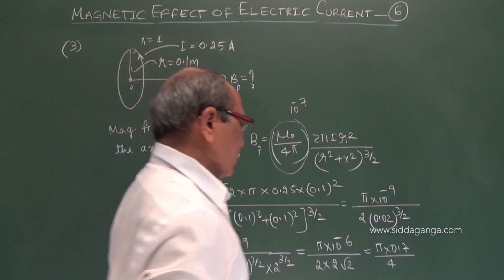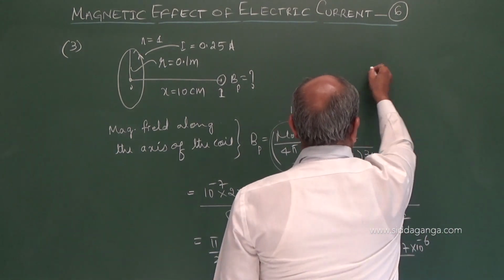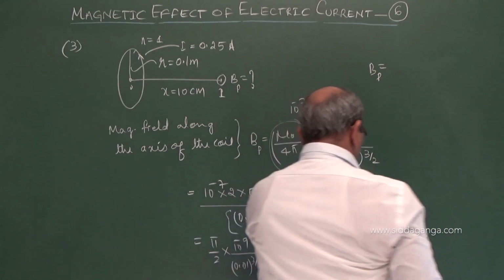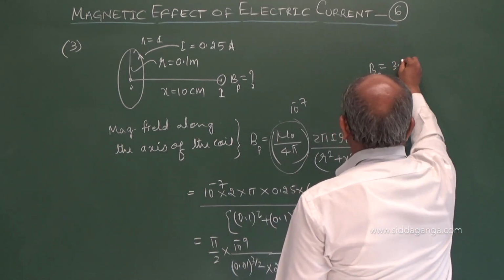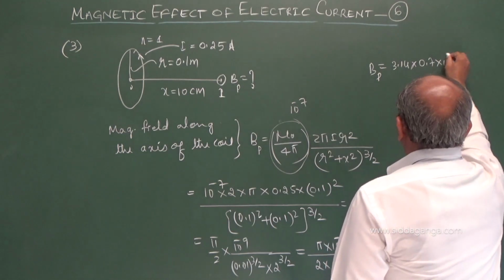1 by root 2 is that much, into 10 power minus 6. This I can write as 3.14 into 0.7 into 10 power minus 6.